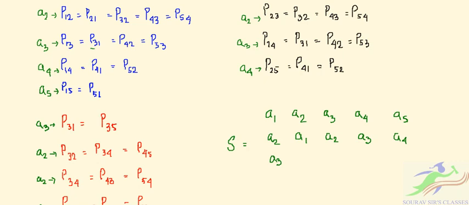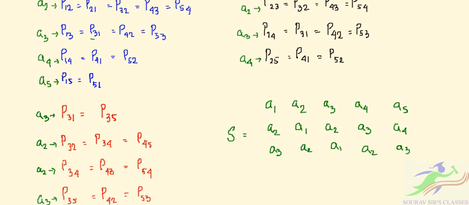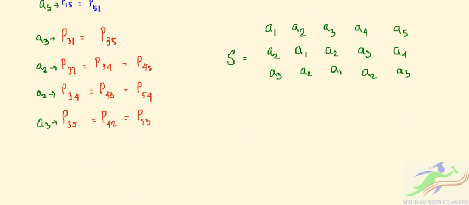So the remaining terms will be A2, P31, A2. So it will be A1, the diagonal, A3 and A4, A2 and A3. Okay. And we can write the fourth row as A4, A3, A2, A1, then A5, A4, A3.